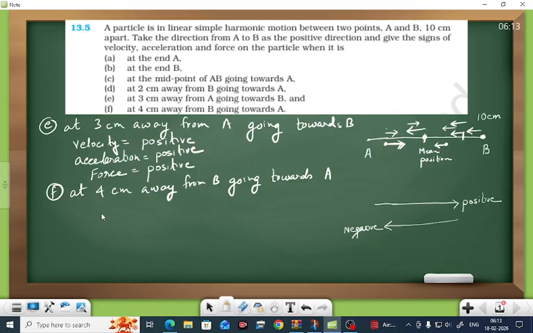So here you find the direction of velocity. You see here in this direction, the direction is negative. The velocity is negative.